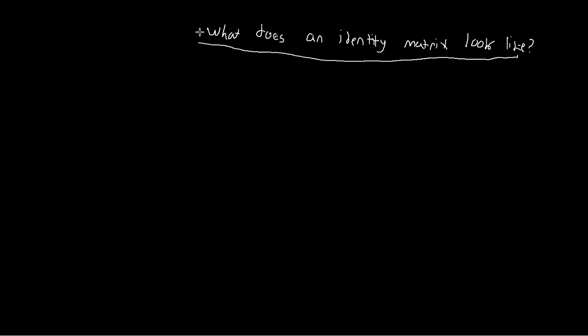You know what? We're actually going to leave it off there. We're going to pick this up in the next video where we're going to walk through a very quick, simple 2x2 example to show you what an identity matrix looks like, and then we can generalize that to larger matrices.